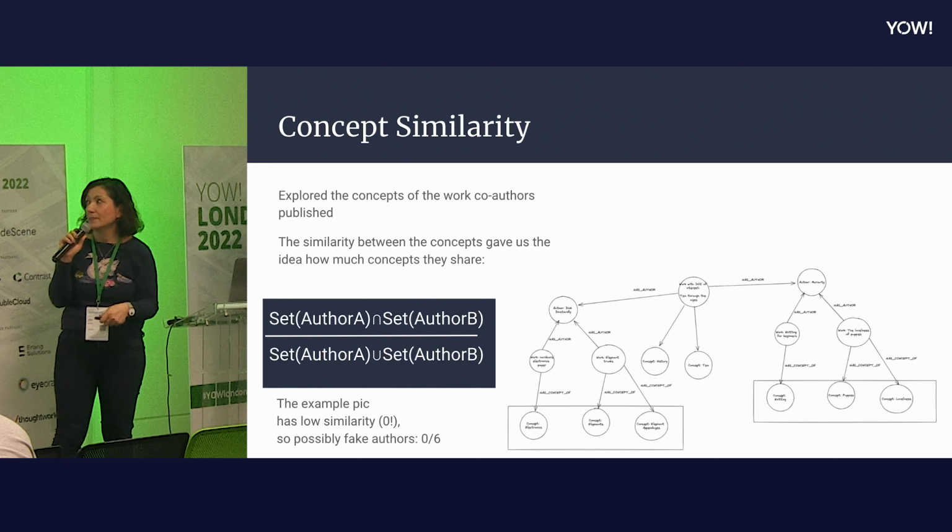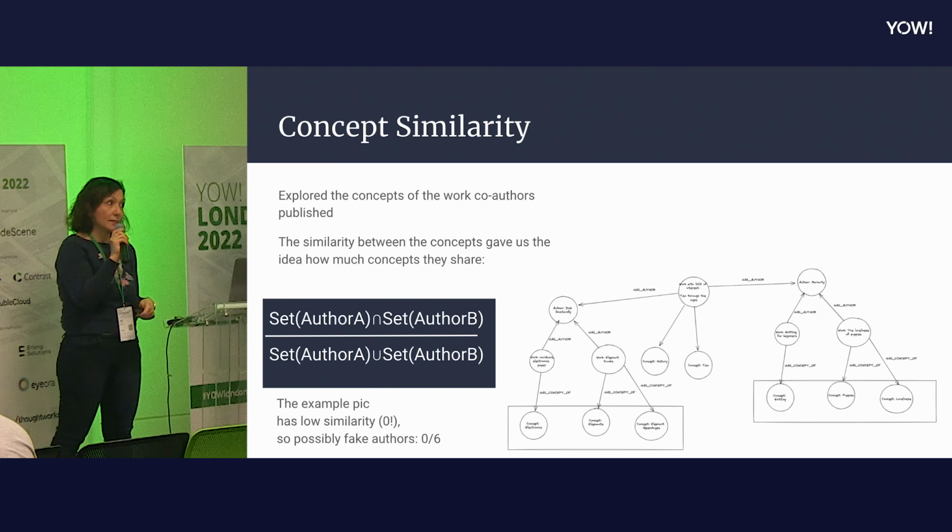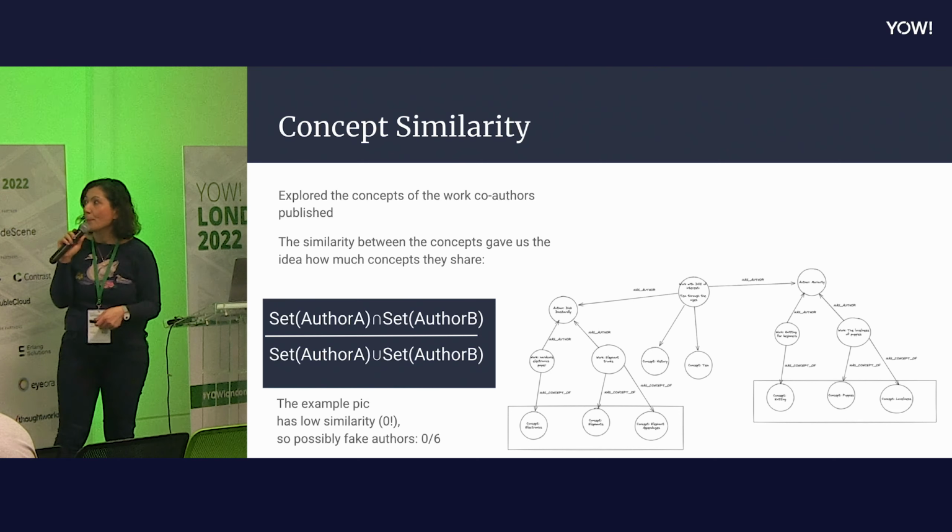For the authors, to identify which author is related to which one, or how close they are in space, Jaccard similarity is one of the categorical calculations where you can ask how many concepts they share, or how many interests they share. And then you can find out, out of the union, how many of them are shared.